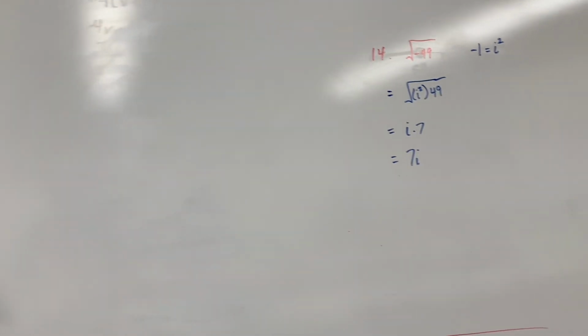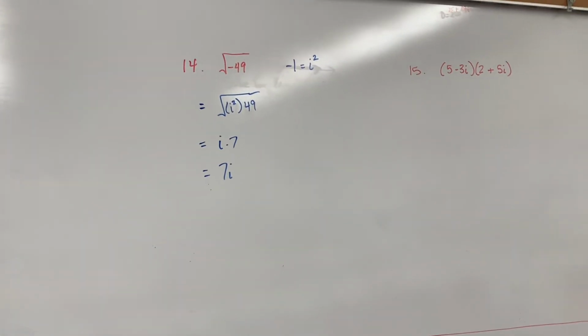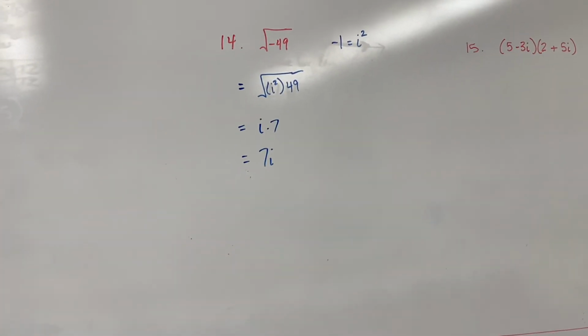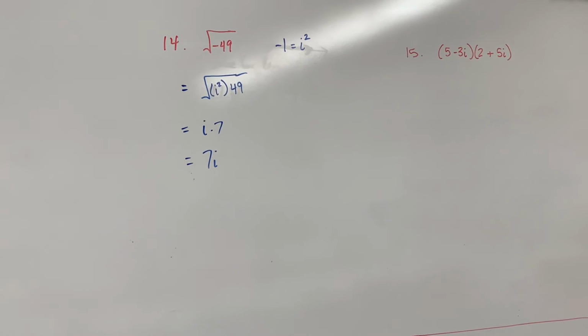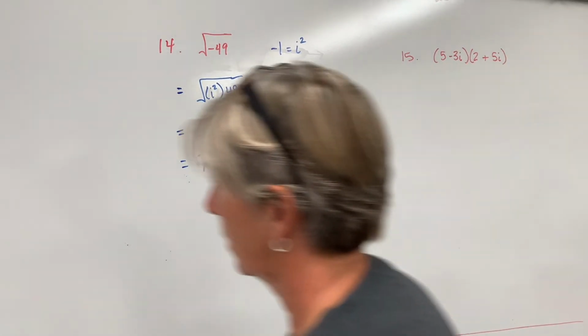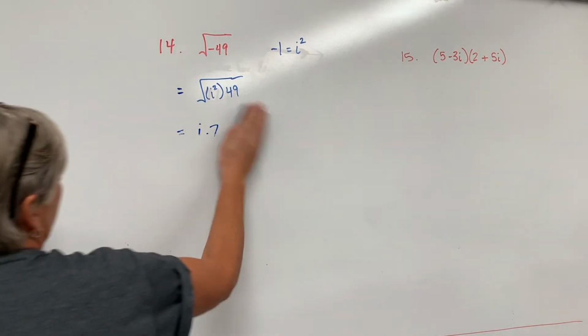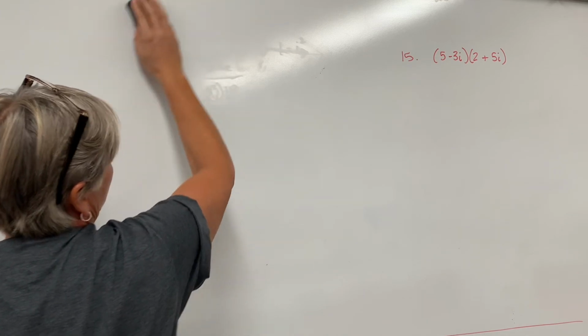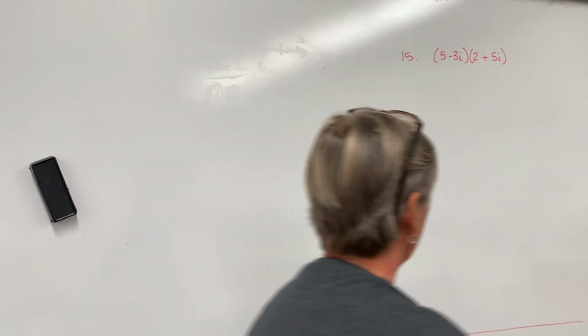All right, last problem on this video. I have the product of two binomials, and notice I have imaginary numbers in there. So how do I multiply two binomials? I use the FOIL method. First, outer, inner, and last.